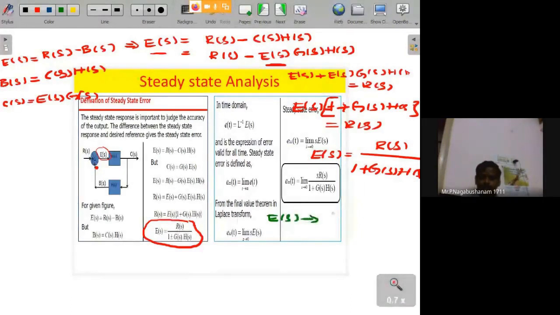is a function of, first, the reference input. E of S depends upon the reference input. Second, E of S depends upon the loop transfer function, that is G of S, H of S. If it is a type 0, type 1, type 2, or type 3 system, then the error will be affected.